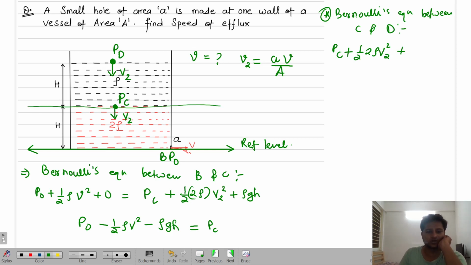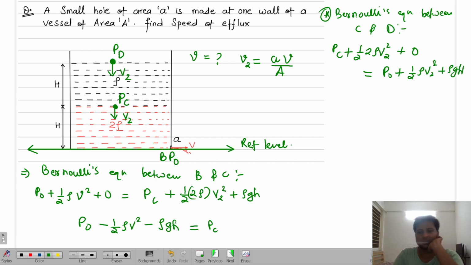Similarly, pressure at D is P naught plus half rho V2 square plus rho GH, isn't it?